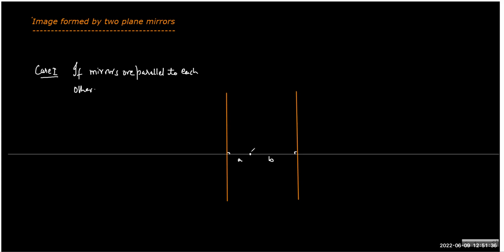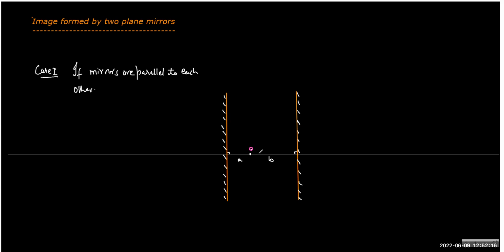Let's say we have an object at distances A and B. It's not symmetrically kept, it's just kept at some random separation. If A and B are the distances from the mirrors, let's see how the image formation will take place.